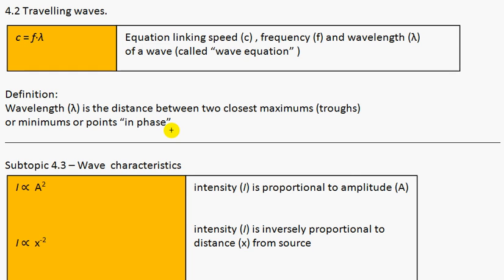Traveling wave. For a traveling wave we have the wave equation which links speed, letter c, of the wave, equals frequency of the wave multiplied by wavelength. What is wavelength? Wavelength is the distance between two closest maximums, troughs, or minimums, or points in phase.